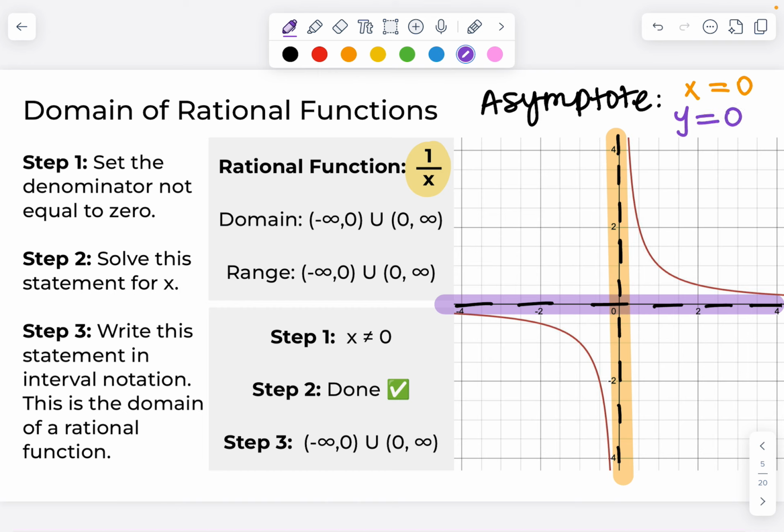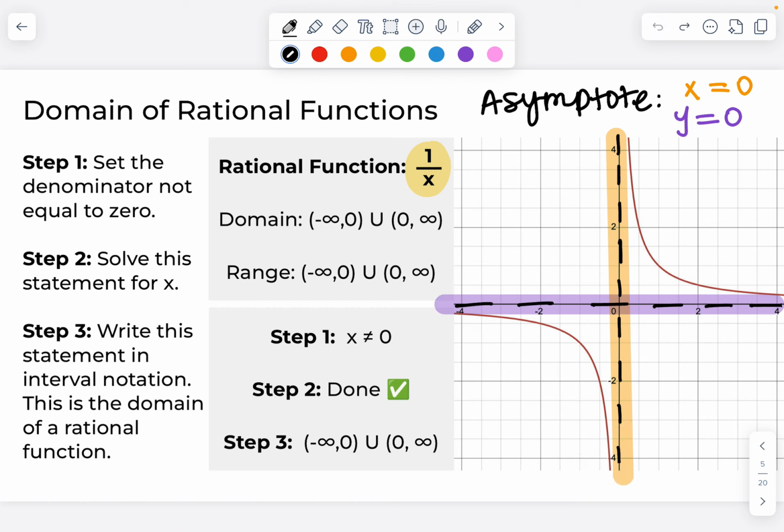And what that means, notice in this function, we are getting close to the asymptotes. This red graph is getting close to the horizontal and vertical asymptotes. So here it's getting close to the horizontal, here it's getting close to the vertical asymptote, and same thing for that portion.